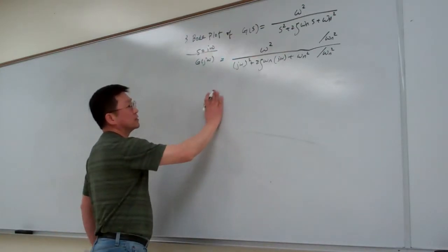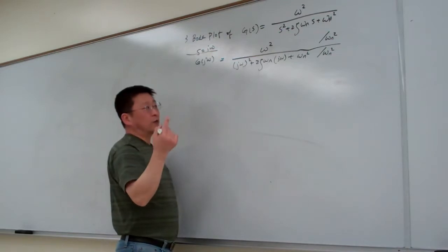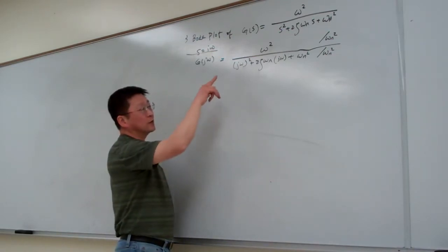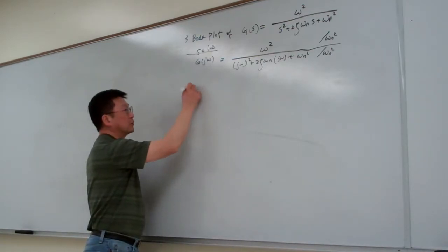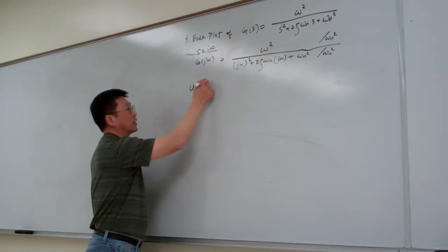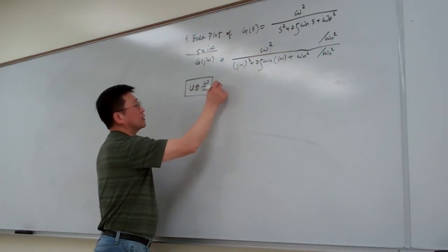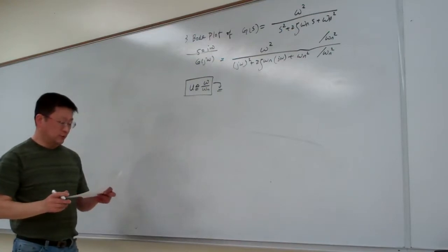Here, let me introduce one parameter, u, defined as omega divided by omega n. In this way I can simplify these expressions.